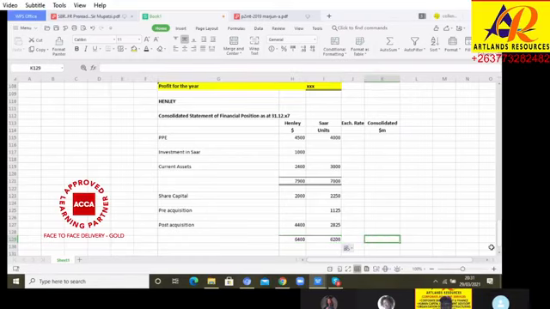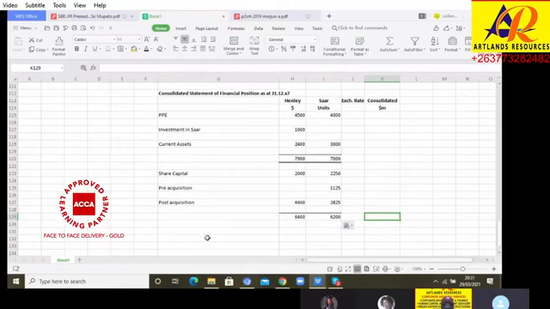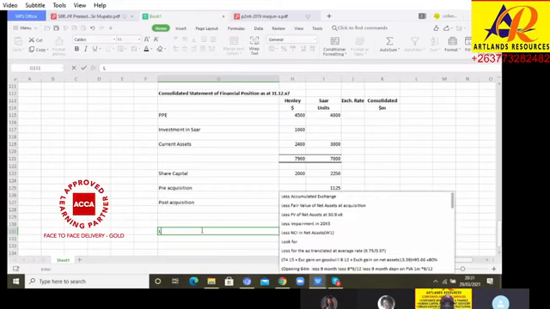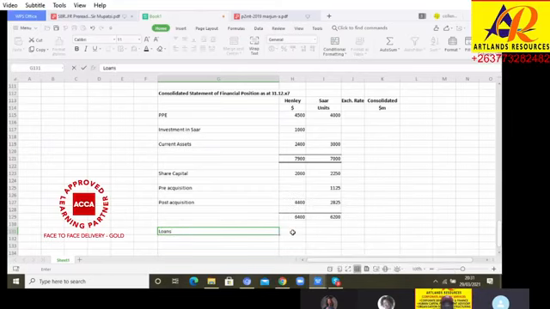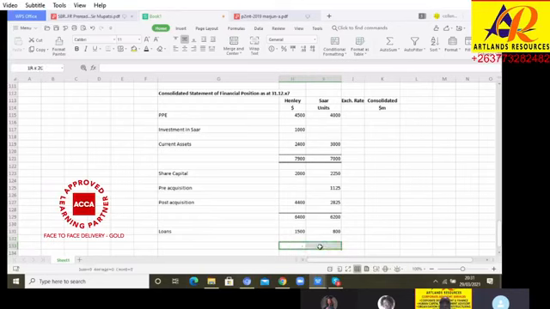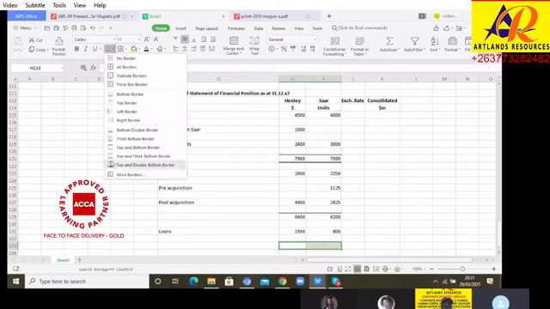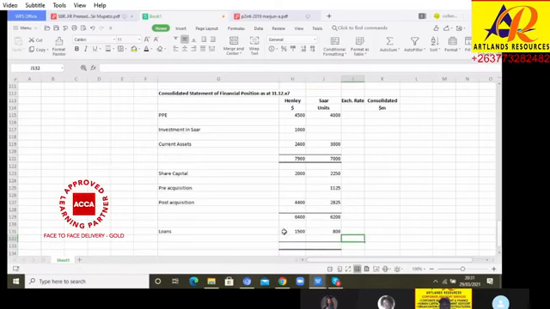And then loans. 1,500 and 800. And we are done. Okay, perfect. So this is the schedule when you are preparing financial statements. This is actually the practical part of it. You do it like this.